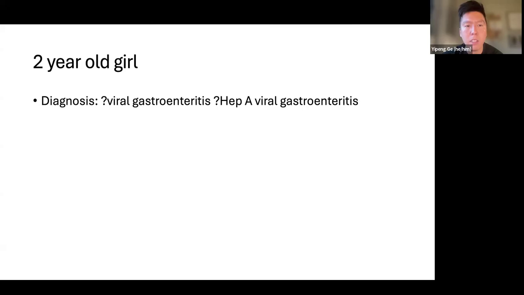The main thing is supportive management and making sure they are well hydrated, and monitoring in case there's any decompensation, and giving good parameters for the patient's mom to bring her back to be reassessed in case this doesn't get better within the next few days to a week or so.